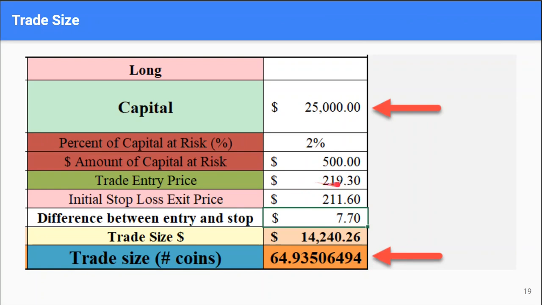Here I enter the entry, and here is our initial stop loss. And you can see we are allowed to trade only 64.9 shares. This difference, less than 1 share, is because I don't include the commission in my trade size spreadsheet.